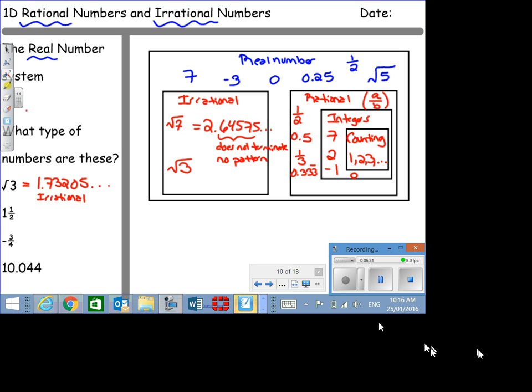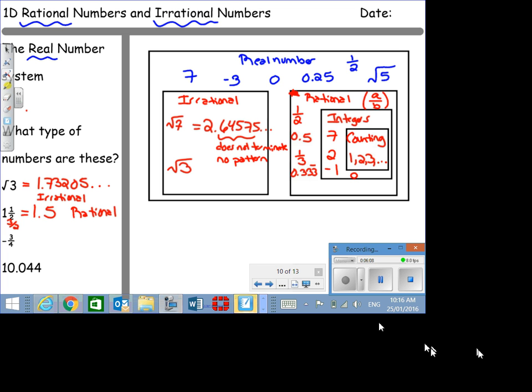1 1/2. If I change 1 1/2 to a decimal, I'm looking at 1.5. Well, 1.5 does terminate. Even though it's a decimal, I can turn it into a fraction, as you can see here. It could also be 3/2. So that is a rational number. Think for a moment where you would put -3/4. Since it's negative, I know I'm looking somewhere over here in the rational numbers or integers.